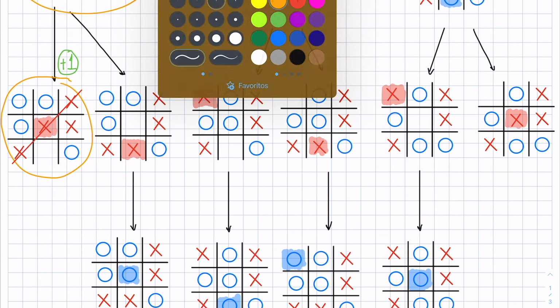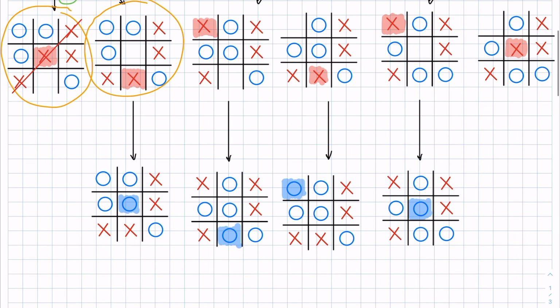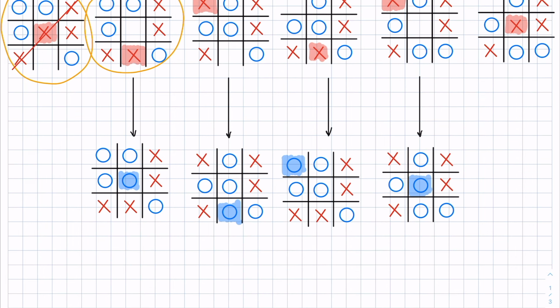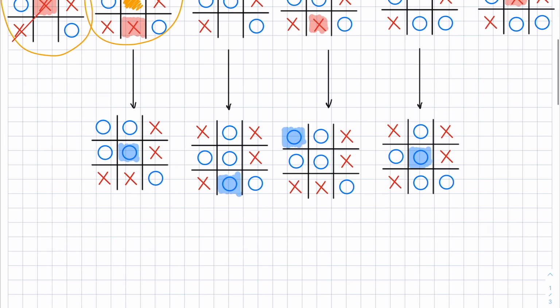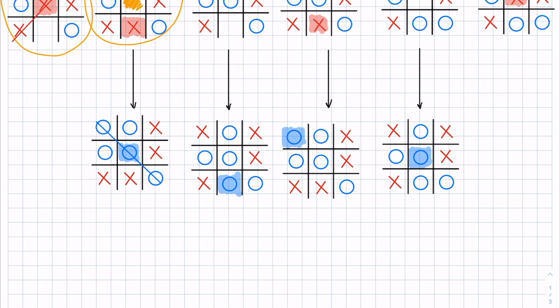We do the same thing. We check if we are on a terminal case scenario, and we're not. And we do the same thing for each empty square we have. And now we actually reach a terminal case scenario here, and it is the minimizing player winning. So we're going to return -1 for this.